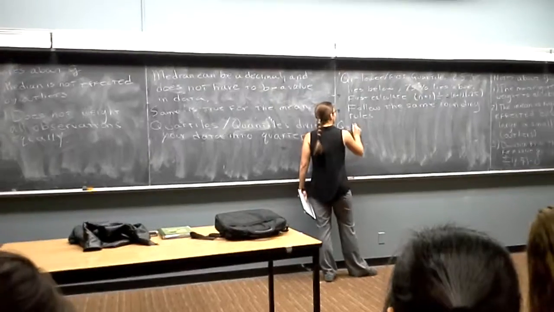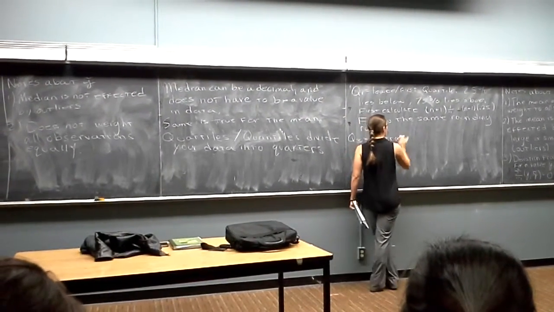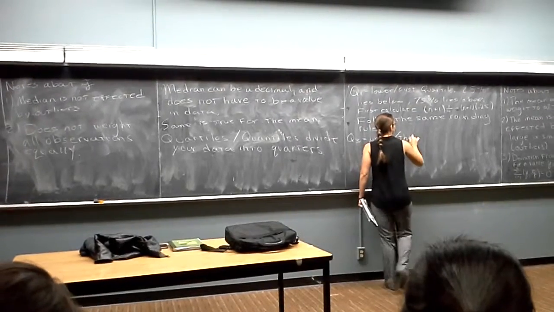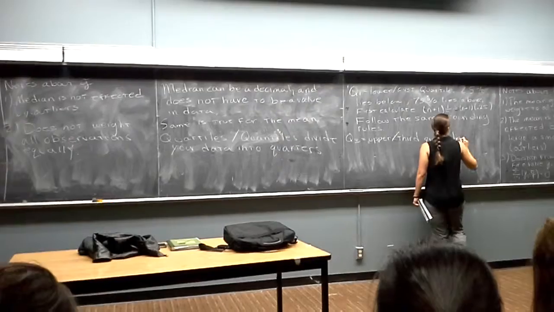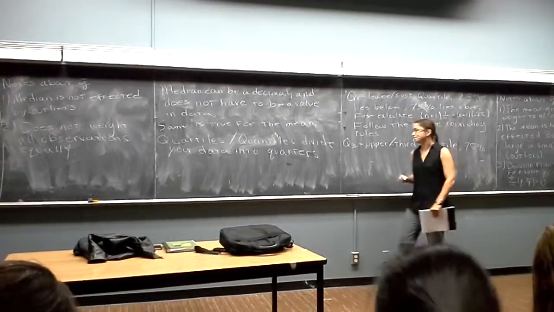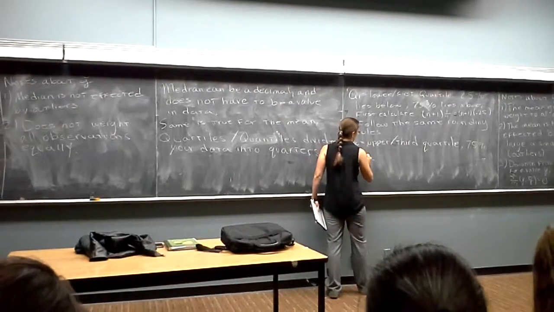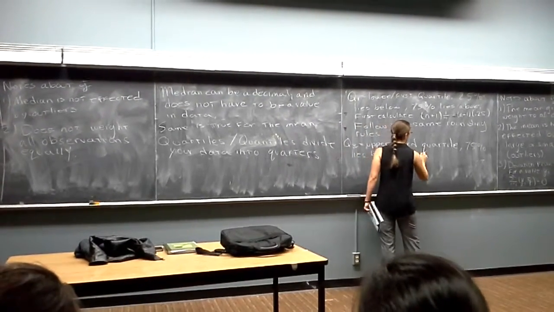Similarly, Q3 is the upper or third quartile. 75% of the data lies below that, which means that 25% must lie above.